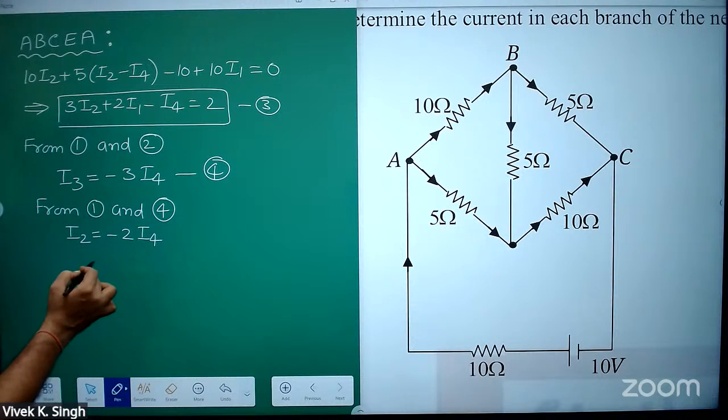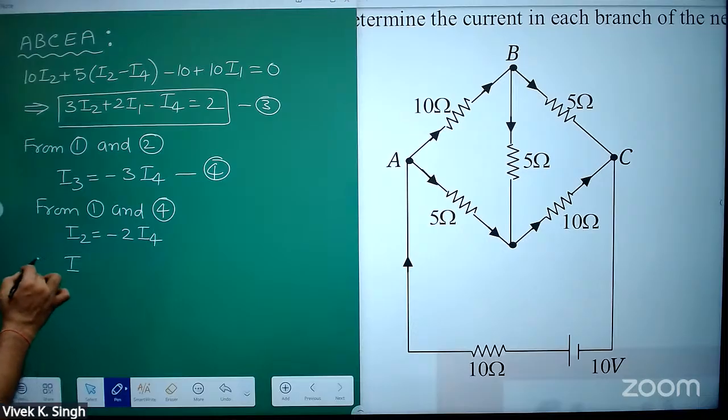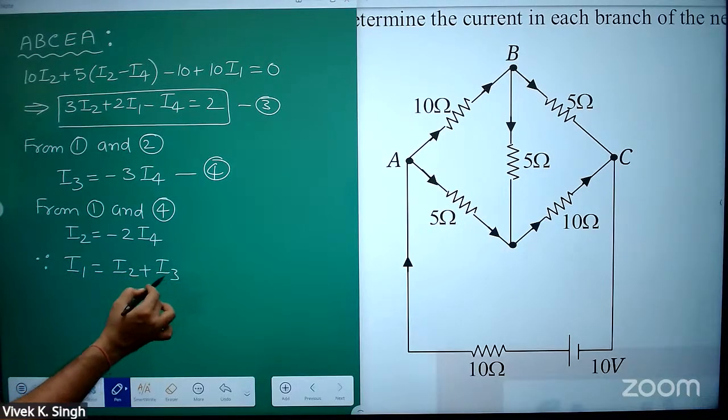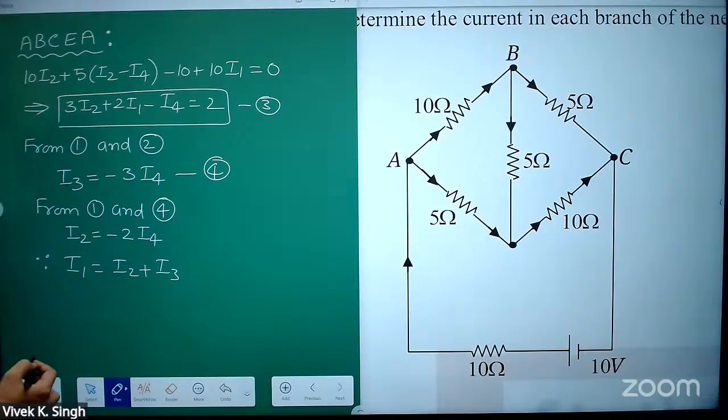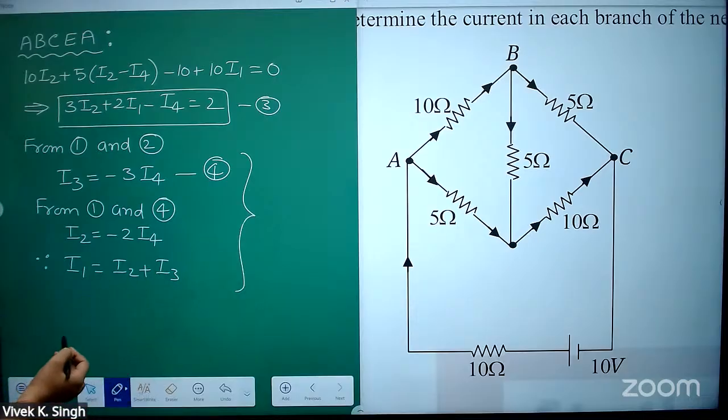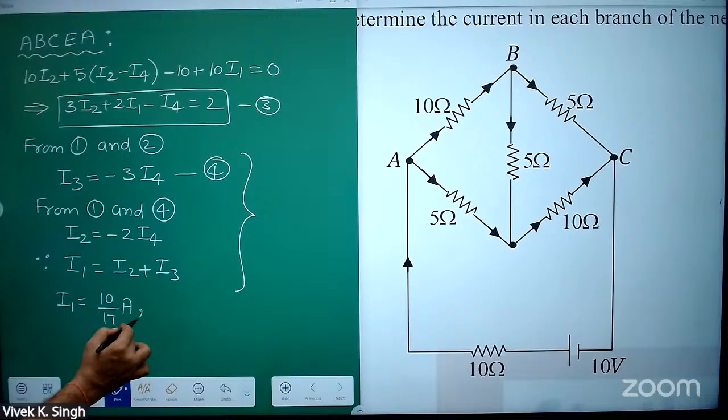And then you should use this equation, since I1 is I2 plus I3. So if you use I1, I2 plus I3, and if you solve it, finally you will get I1 will be 10 by 17 ampere. You should verify this result.